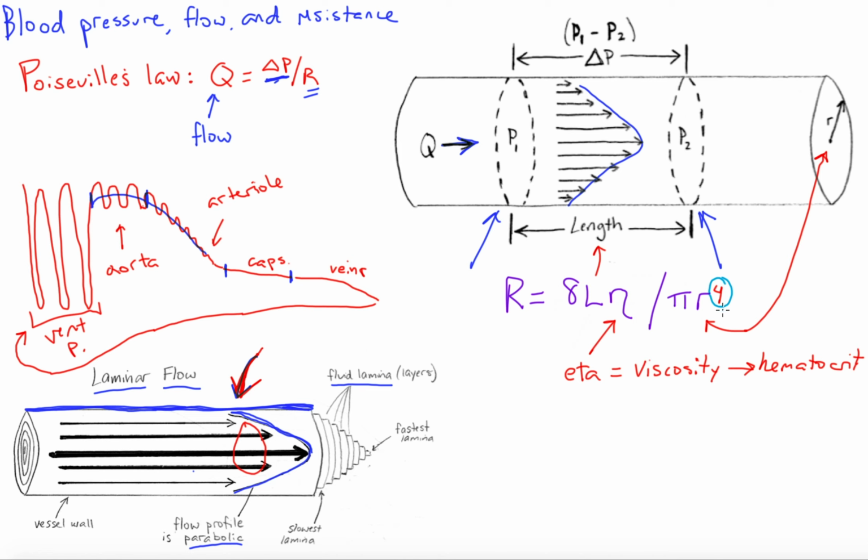Right? Again, this to the fourth power bit makes this enormously more important as a factor affecting resistance and therefore flow. The other bit that makes it enormously important, unlike length and viscosity, which are, short term, at least, relatively fixed, the radius is not, right?